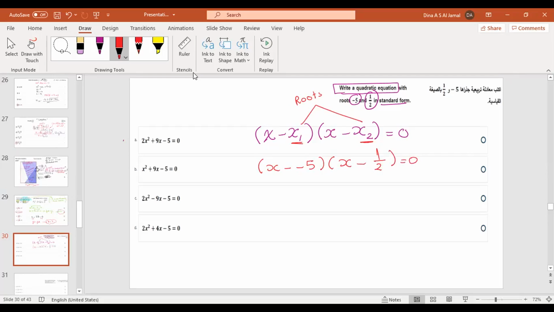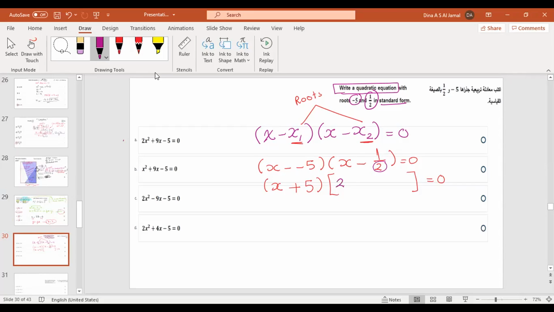Now let's modify it. x plus 5. And one important thing is that I always ask you, whenever one of the roots is a fraction, I don't want to have anything in the denominator, just multiply everything by the denominator.